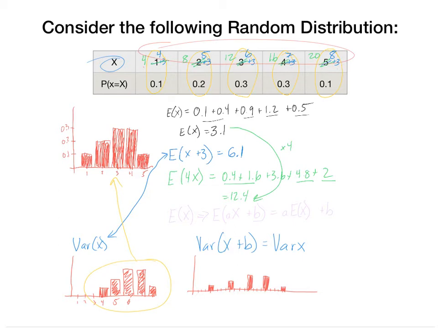Now what do you see? Now we have a significant amount of spread going on, right? These bars are much more spread out than they used to be, all right? Now we're not going to go through a mathematical proof for this, but what I am going to tell you is that if you take the variance of a times x, so you multiply your variable by a number like we just multiplied it by 4, then what that does is it's going to take your original variance and multiply it by a squared.